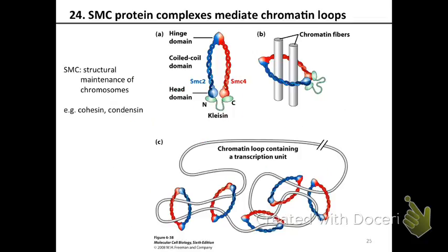All right. What are the molecular proteins that hold these loops together, that hold the loop structure? It's a family of protein complexes. They are called the structural maintenance of chromosomes family of proteins. One example of this is cohesin, which keeps the sister chromatids together during the S phase.